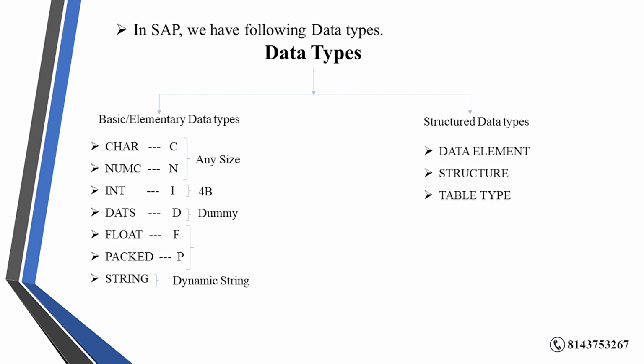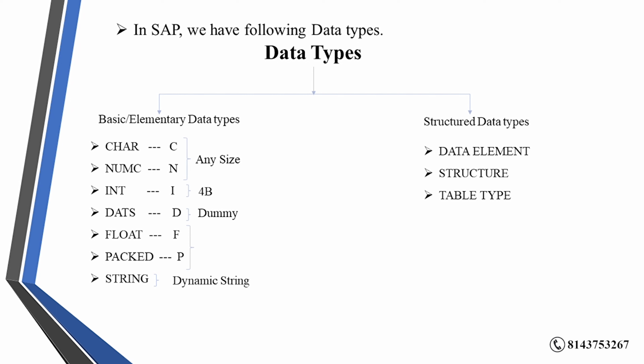String: whatever values are entered in a series are called a string. It may be numeric values or character values; everything comes under string. The memory and size will be allocated for a string dynamically. For the rest, there will be a fixed size.